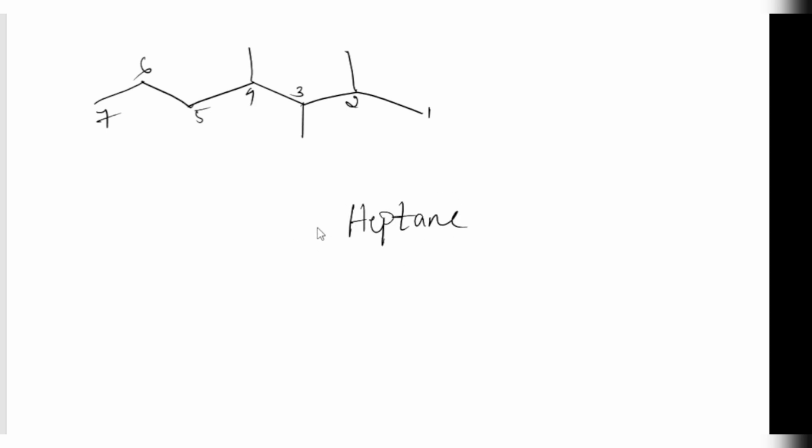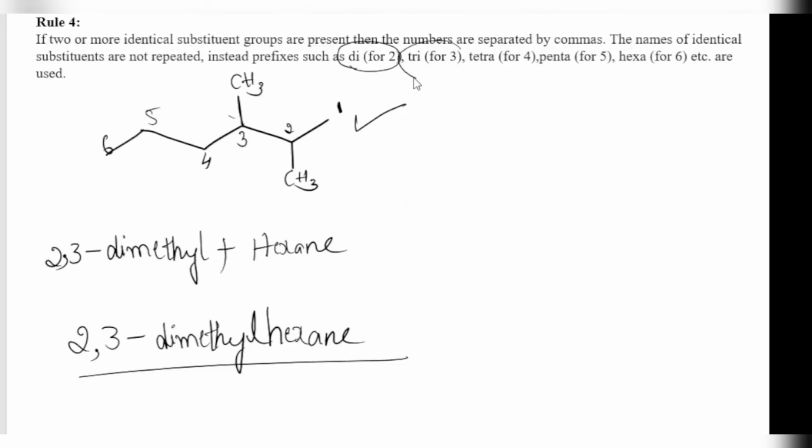We already named this, but before that we have to add the side chain as a prefix. The side chain is the methyl group. In this case, 3 methyl groups are there in positions 2, 3 and 4 respectively. That's why we have to add 2, 3, 4. If there are 3, what do we have to use over here? Tri.